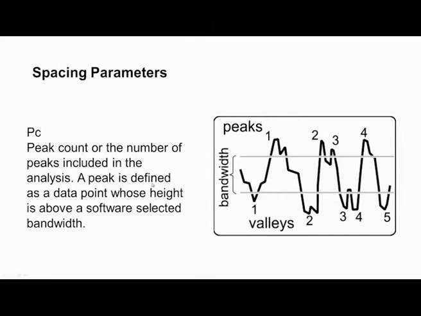A peak is defined as a data point whose height is above a software selected bandwidth. This is the software selected bandwidth and we have some peaks above this bandwidth. So, these are considered for calculating the PC.